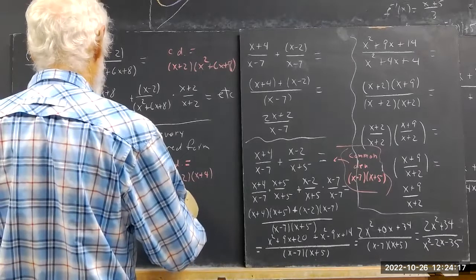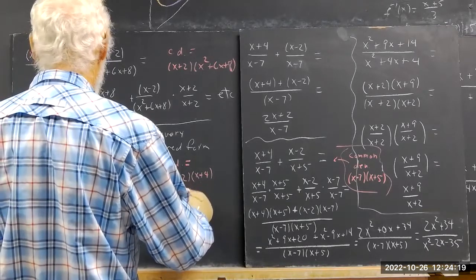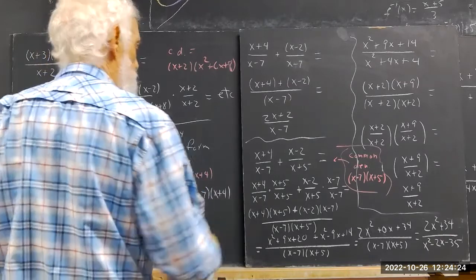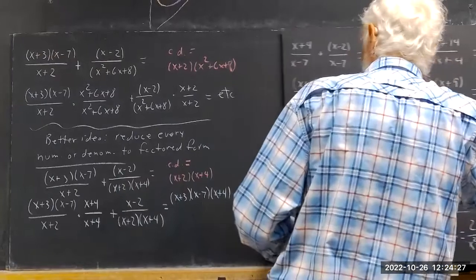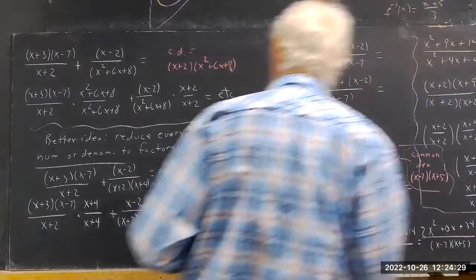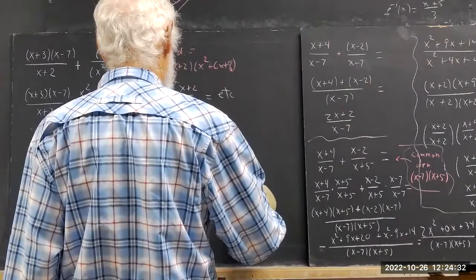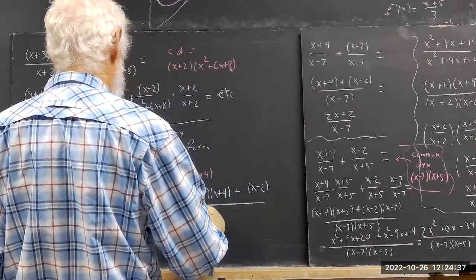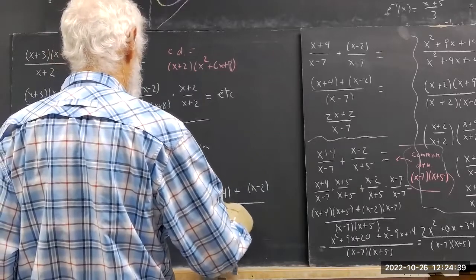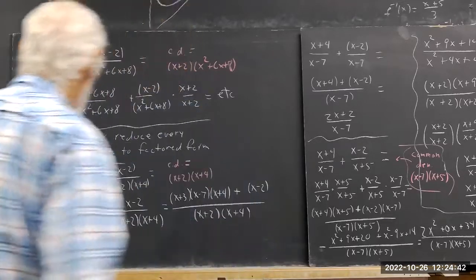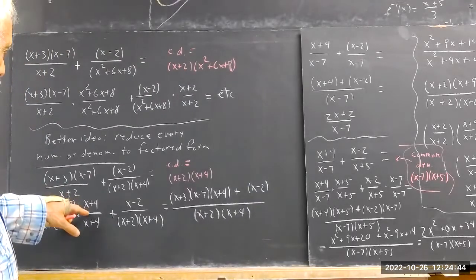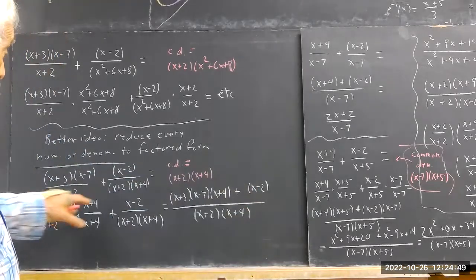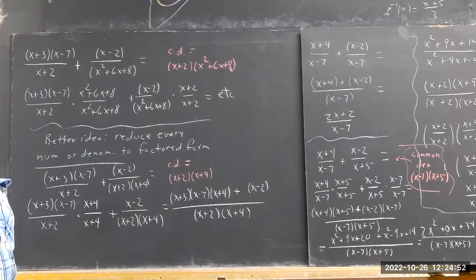So now this equals... if we now have the same denominator, we just multiply out the numerator here, we get this, and we add this, which is going to be this plus this over this.